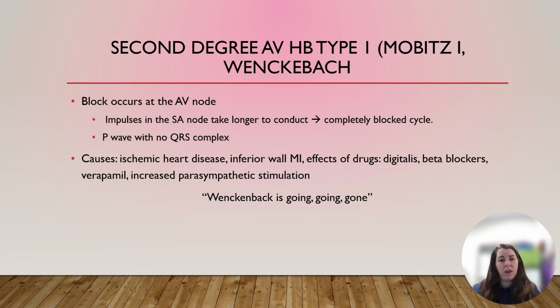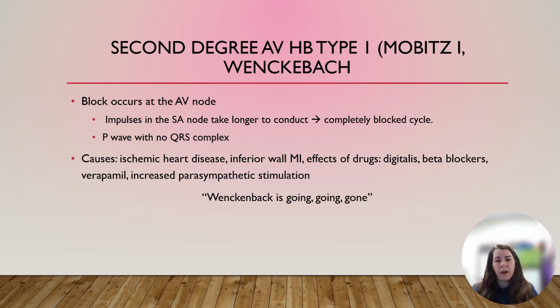You have a P wave with no QRS complex, and some causes of this include ischemic heart disease, inferior wall MI, and effects of drugs such as digitalis, beta blockers, verapamil, and increased parasympathetic stimulation.